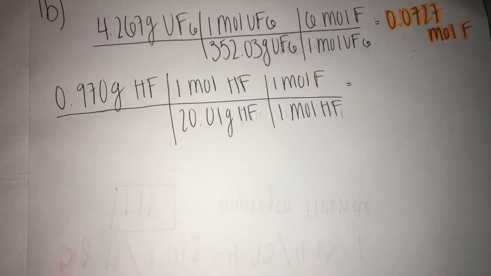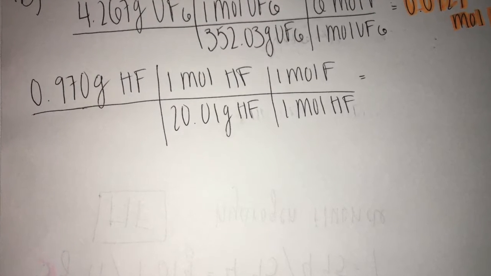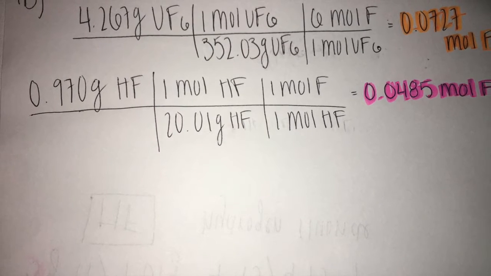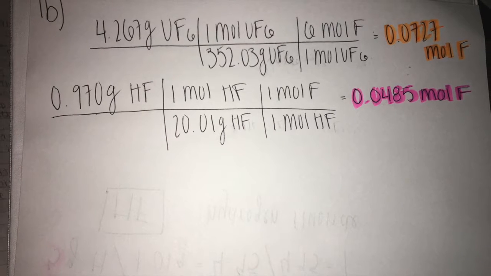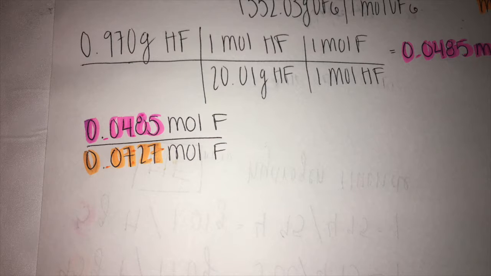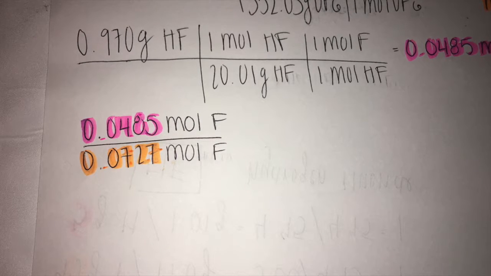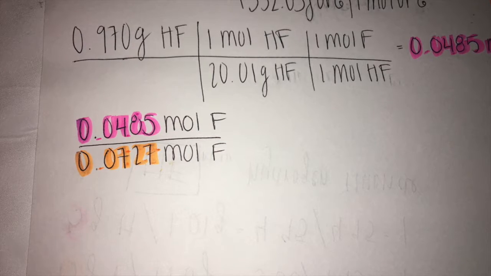Next, we do the same process to find how many moles of fluorine are in 0.97 grams of hydrogen fluoride. We find that there are 0.0485 moles of fluorine in 0.970 grams of hydrogen fluoride. Remember that the question is asking for the fraction of the fluorine in the original compound that is in hydrogen fluoride and the fraction that is in the unknown solid product.